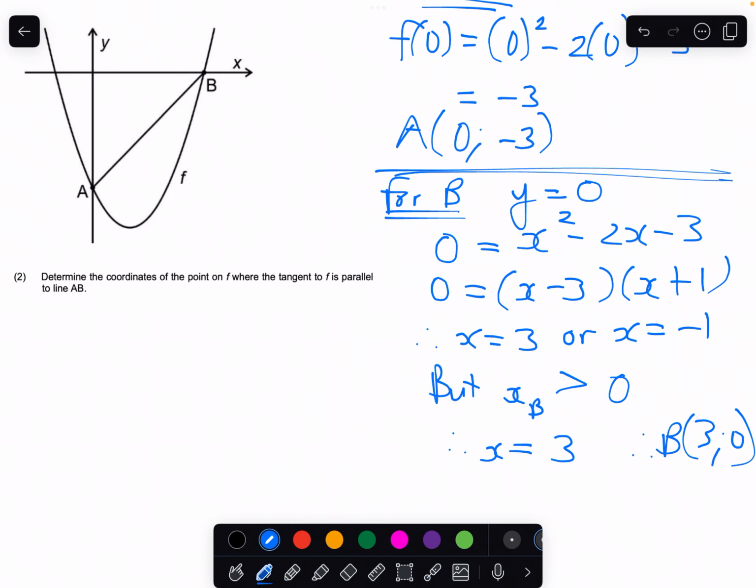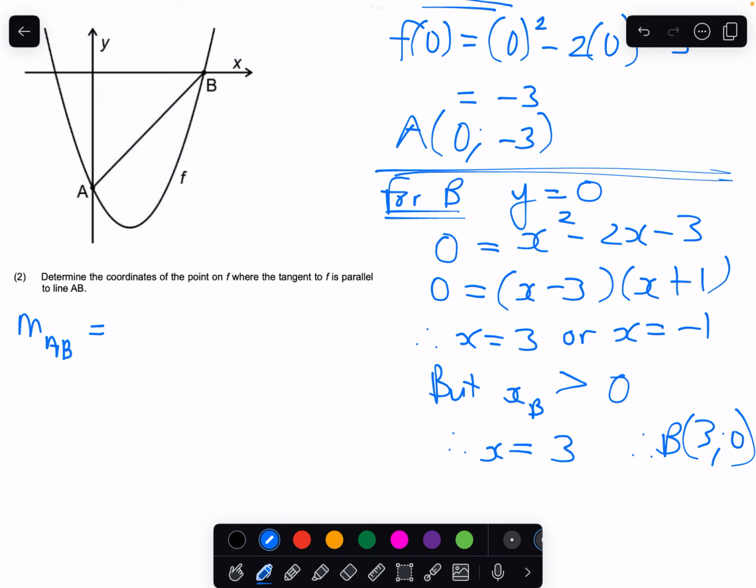Cool. So as it turns out, my ruler had an angle of inclination of 45 degrees, which would mean that the gradient of AB is in fact 1. So let's see if that is true, and I think it is true.